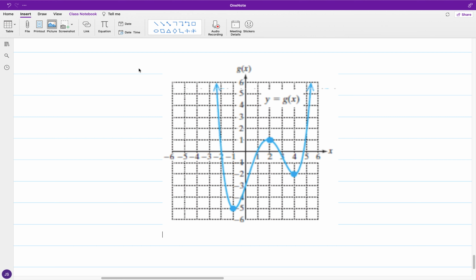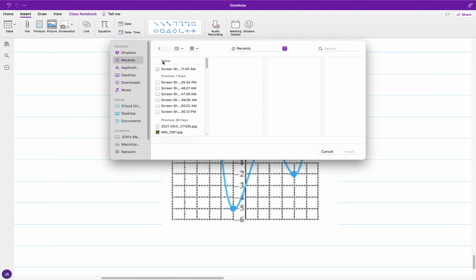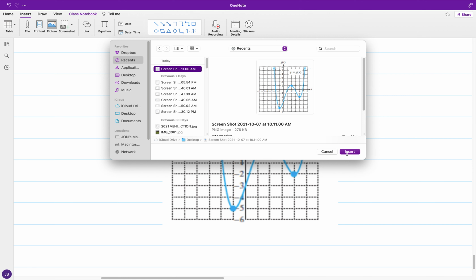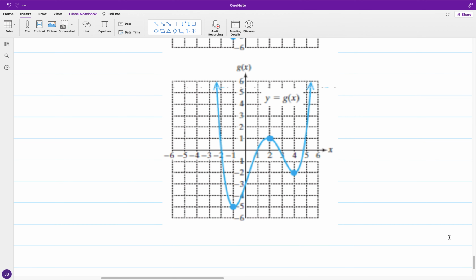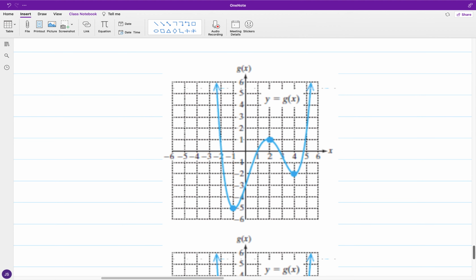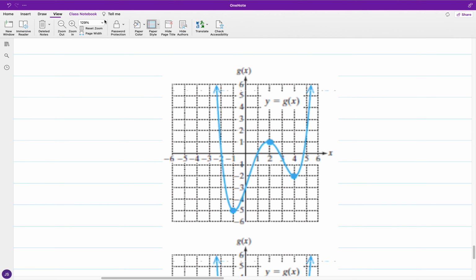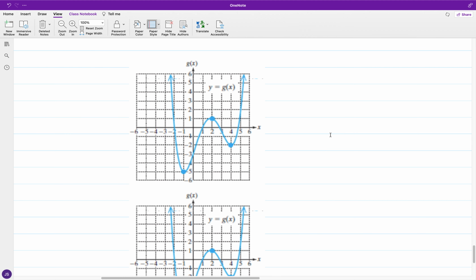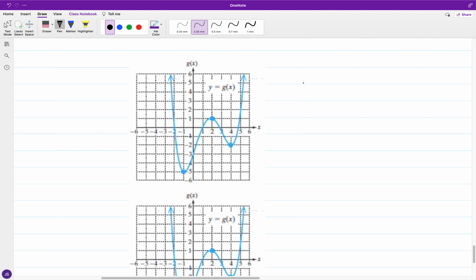So for the graph of g of x, I look for the relative minimum and maximum.